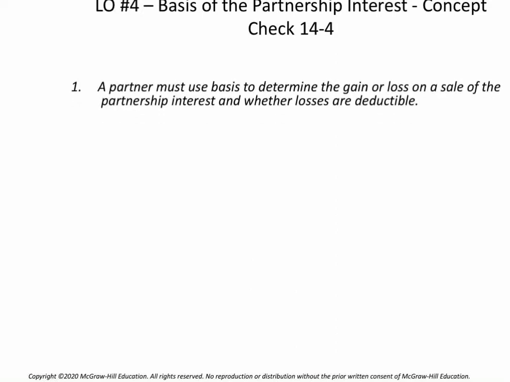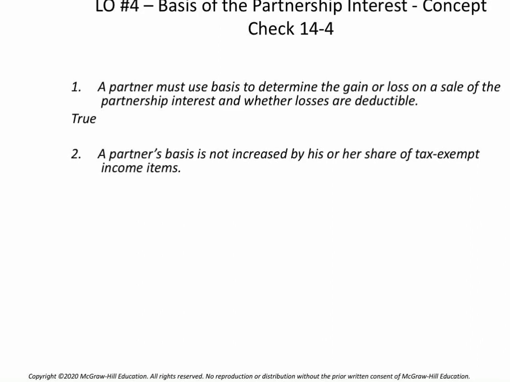Let's take a look at the concept check here. 1, a partner must use basis to determine the gain or loss on a sale of the partnership interest and whether the losses are deductible. That's going to be true. 2, a partner's basis is not increased by his or her share of tax-exempt income. That is going to be false.